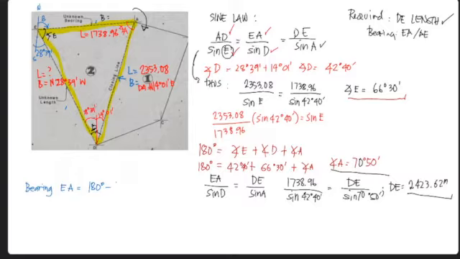If AE naman, since we have 14 degrees, 1 minute here. So, our AE is from south papunta dito. Di ba? So, 14 degrees, 1 minute, plus yung ating interior angle A, which is 70 degrees and 50 minutes. So, what is our EA?